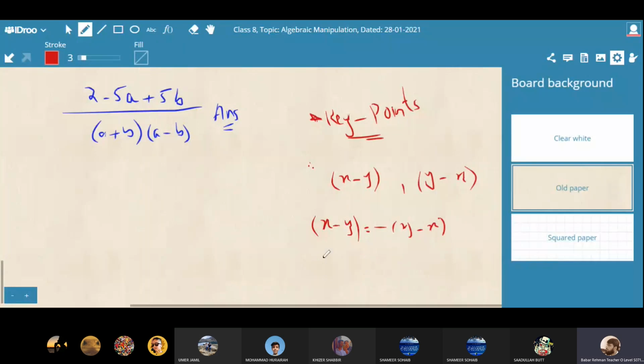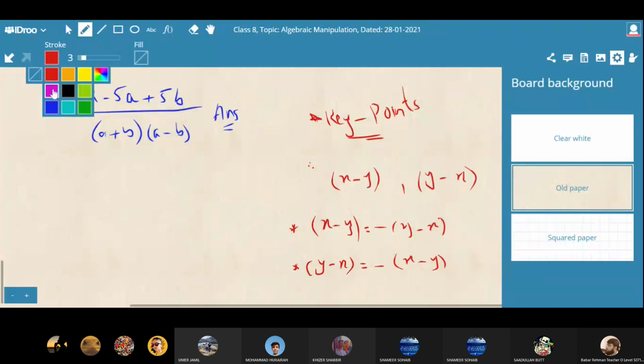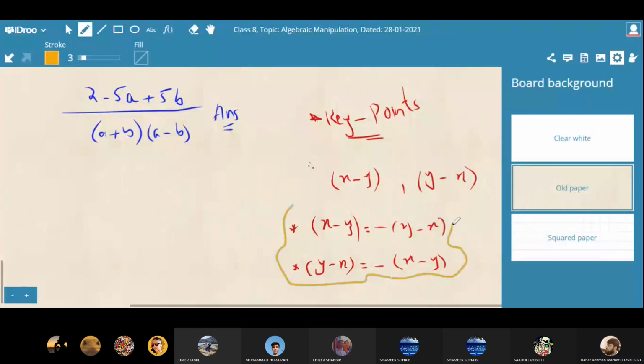Or if I want to make y minus x, it is equal to minus (x minus y). These are two important points. This is an identity.